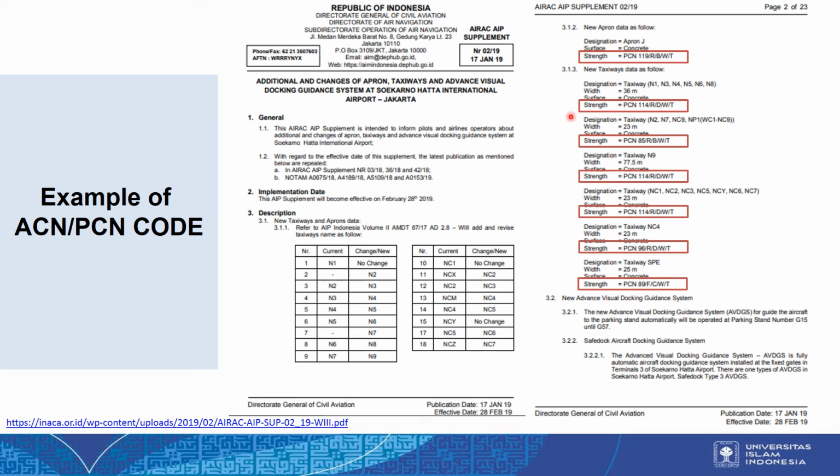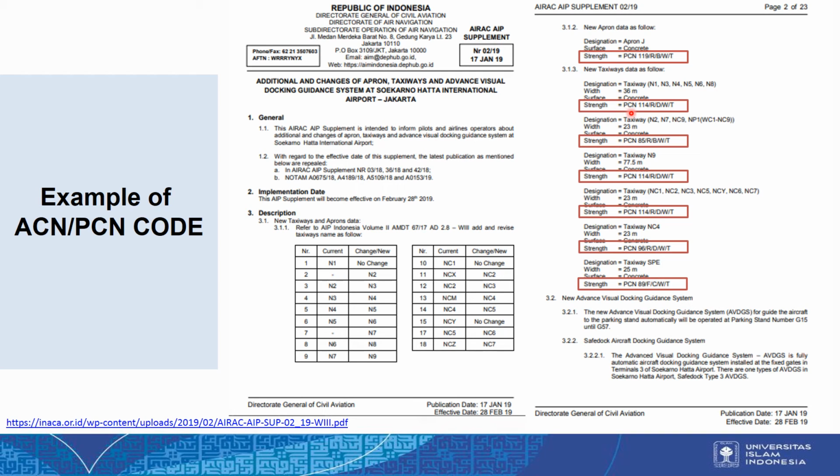And this is for the first taxiway, because there are so many taxiways in Soekarno-Hatta International Airport. It's not only one, but there are many taxiways. So every taxiway has a different PCN code.